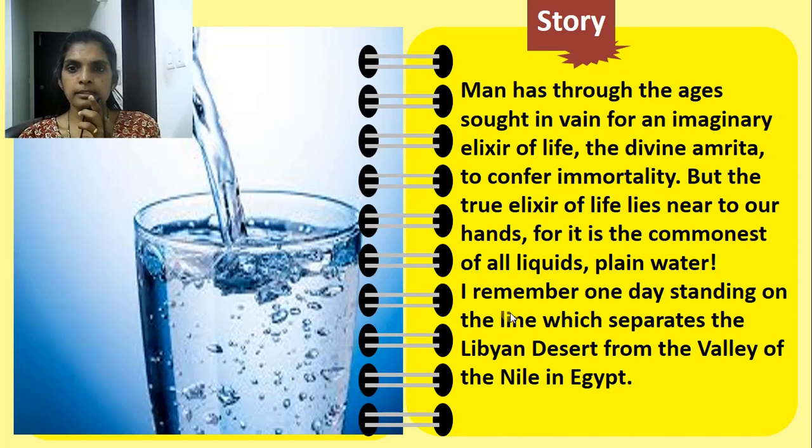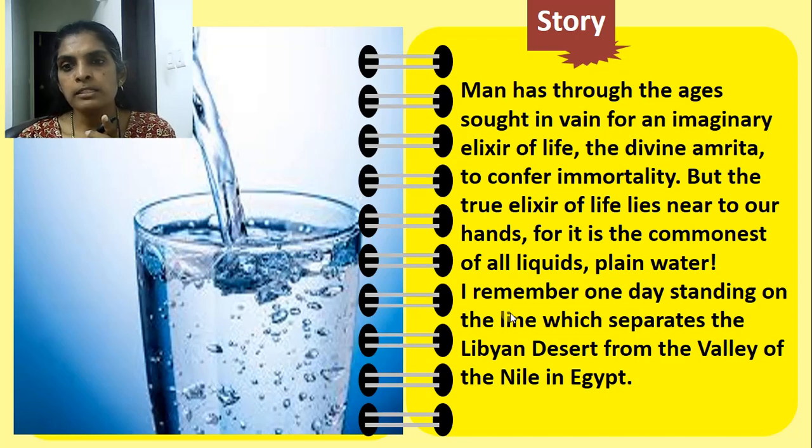So he starts this essay by talking about the divine Amrita or the elixir of life. Man has through ages, since a very long time, always wanted to get his hands on this divine Amrita. Man always was behind immortality. What is immortality?